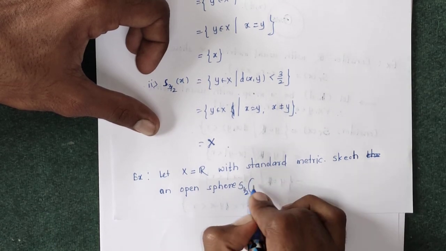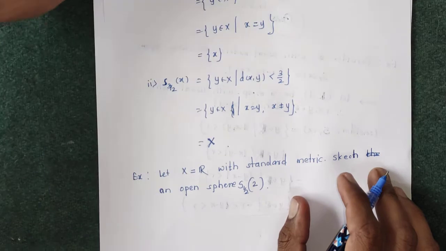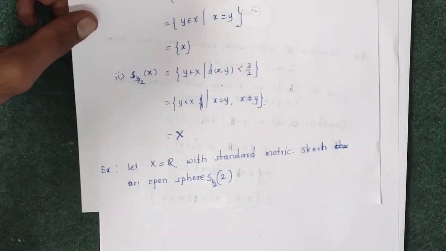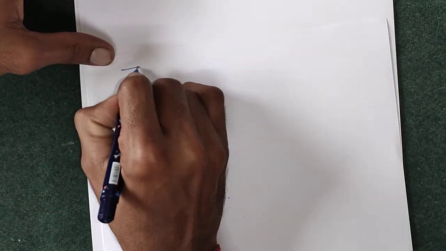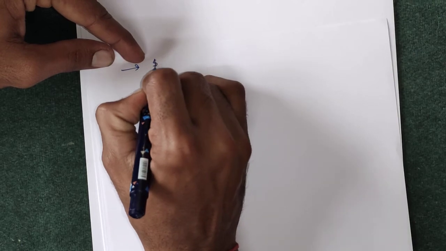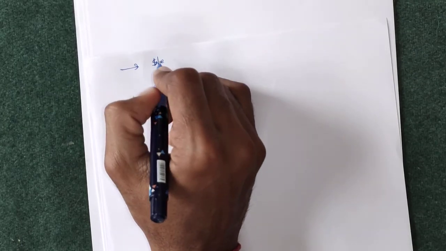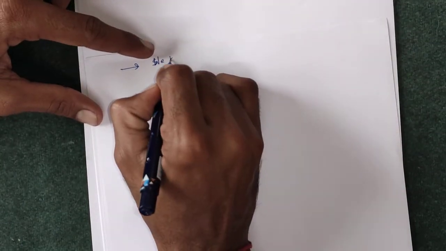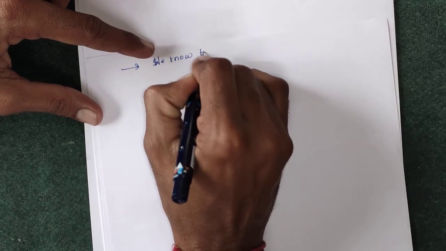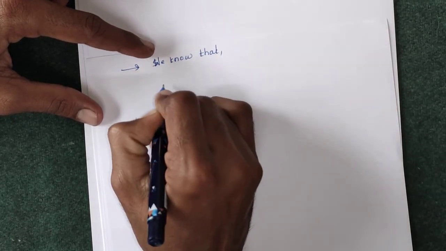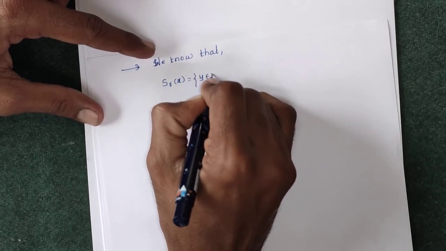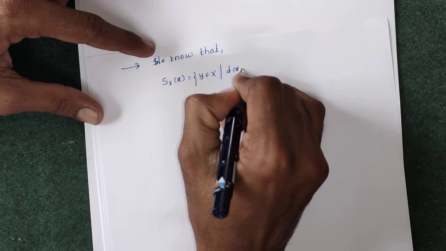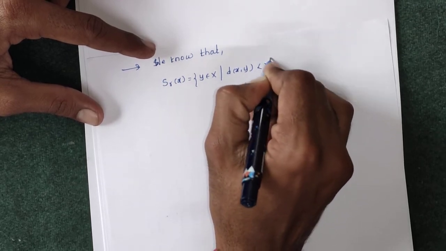The open sphere of radius 1 by 2 and center 2, that is, radius is 1 by 2 and center is 2. We know the definition of open sphere: S_r(x) is equal to the set of y belonging to X such that the distance of xy is less than r.